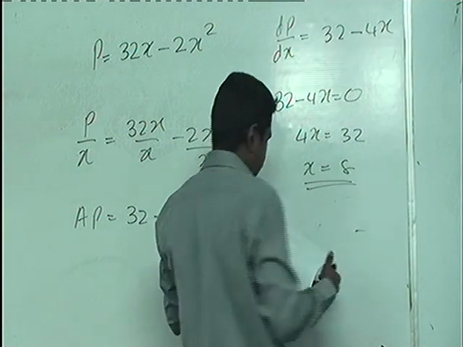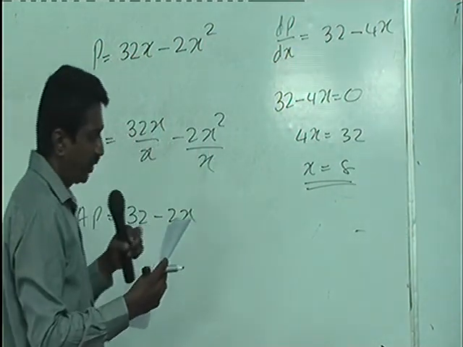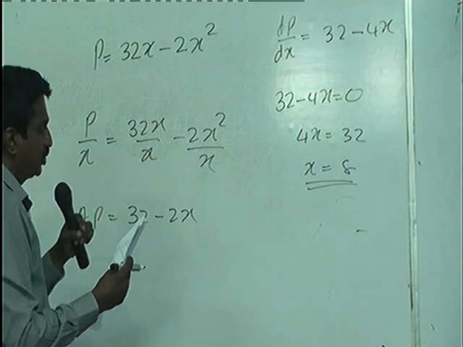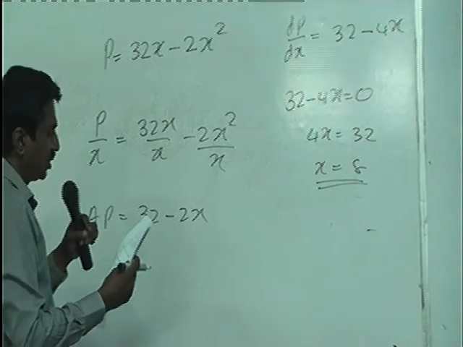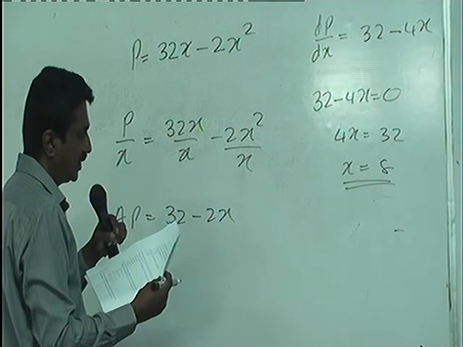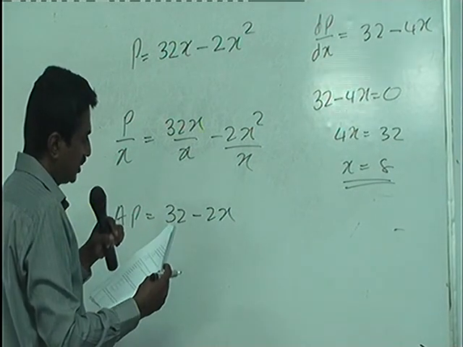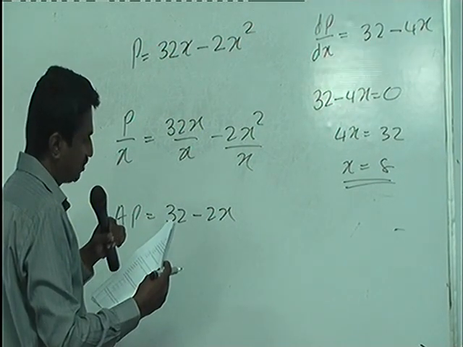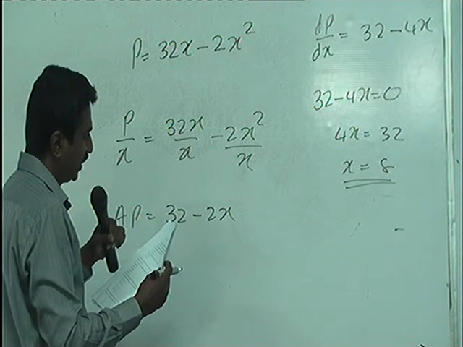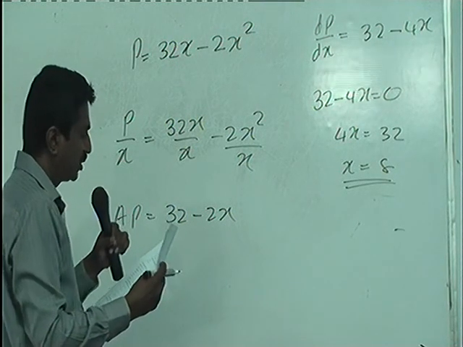That is correct, so the profit is maximized when 8 units are sold. Yes, that is true. The question does not say whether x is measured in thousands, so the answer is true.